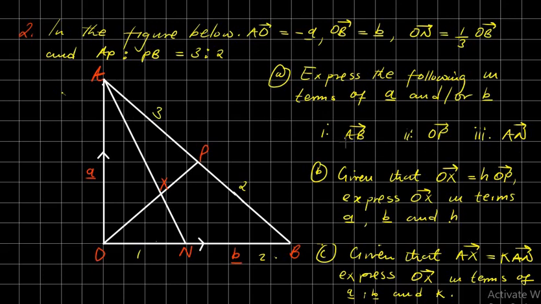Let's start with the vector AB. We are starting at A going to B. So the path that we are going to take, we are going to say vector AB is equal to vector AO combined with the vector OB. So let's create space so that we can see. I'm saying solution.